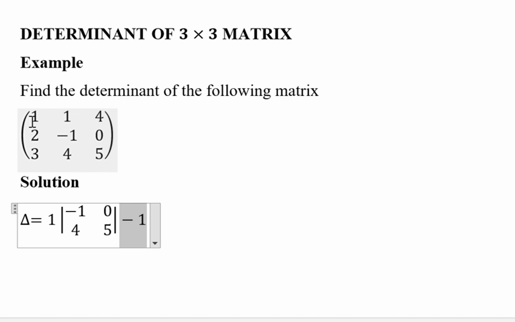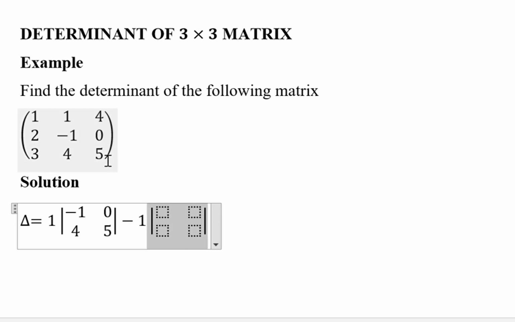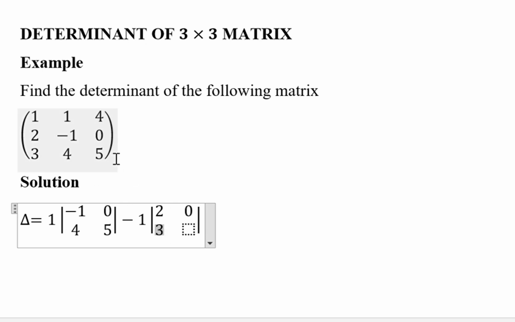So if we cancel this row and this column, the elements that remain are 2, 0, 3, 5. We use them to form a 2 by 2 minor matrix whose determinant we are interested in. So we shall write 2 here, 0 here, 3 here, and then 5 here.